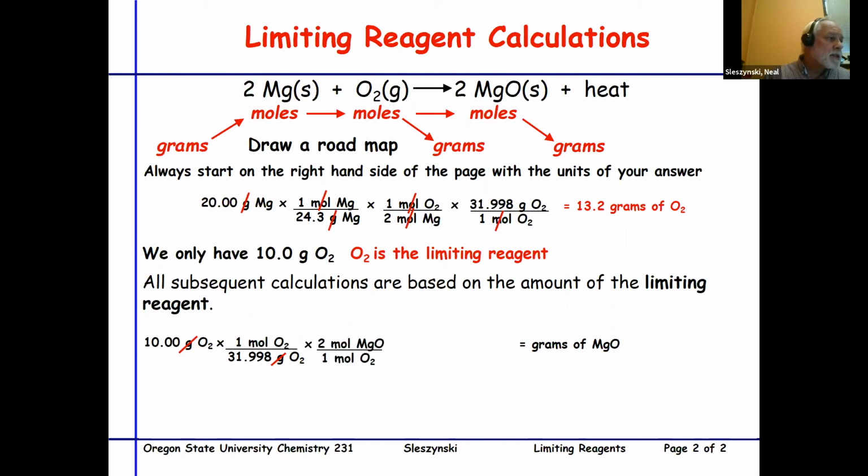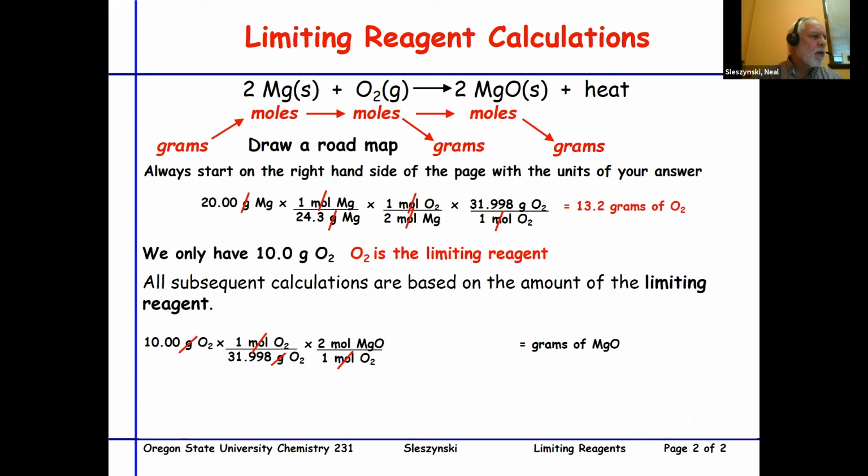Well, our map tells us that we'll need to convert that to moles of magnesium oxide. It's a 2-to-1 ratio based on the stoichiometric coefficients in the balanced chemical reaction. That means for every 1 mole of O2, I'll produce 2 moles of magnesium oxide. I want to make sure that I physically cancel out the units so that if I accidentally flip that conversion, I have moles of O2 on the top, moles of magnesium oxide on the bottom, I'll see that those units don't cancel and I'll catch that.